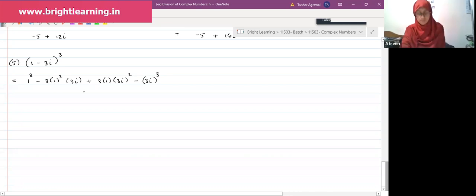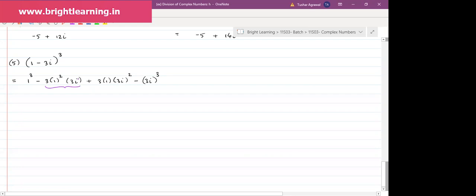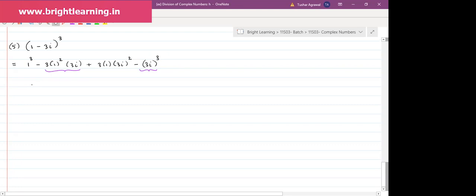The imaginary parts I will underline. This will come in the imaginary part. I will survive over there and I will survive over here. I raised to odd power, the i will survive. I raised to even power, it becomes a real number because i square is negative. So this becomes i cube is 1 and this is 3 square is 9, 9 3s are 27, but 27 with a negative sign it will be.